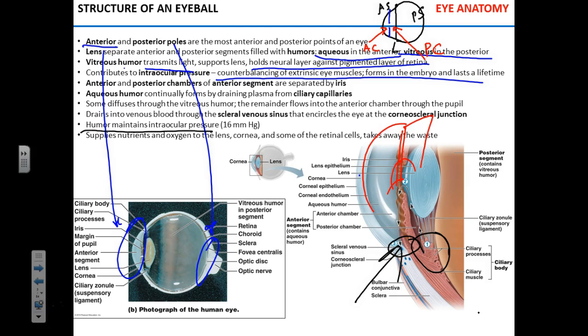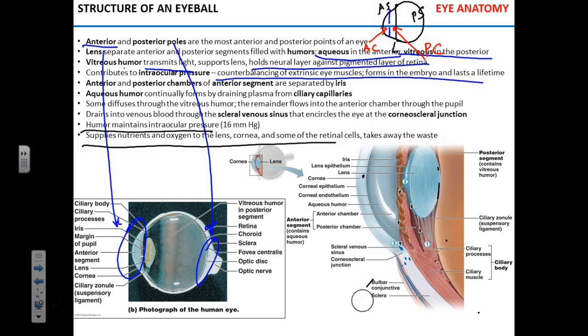The function of the fluid is also intraocular pressure, and also the supply of oxygen and nutrients to structures like the lens and cornea. Now, we didn't talk about it yet, but can you tell me, when the light enters the eye, based on this picture, what would it go through? How would it go? What would it cross? Which structures first?